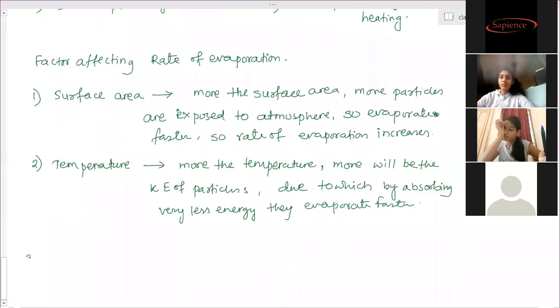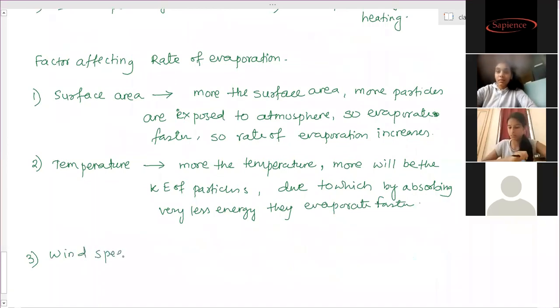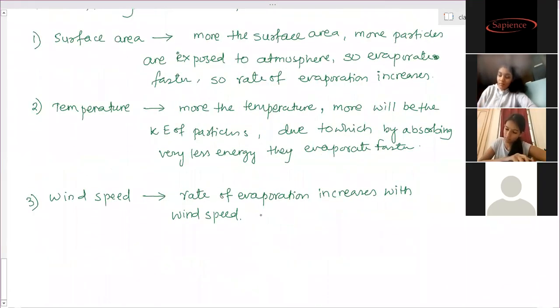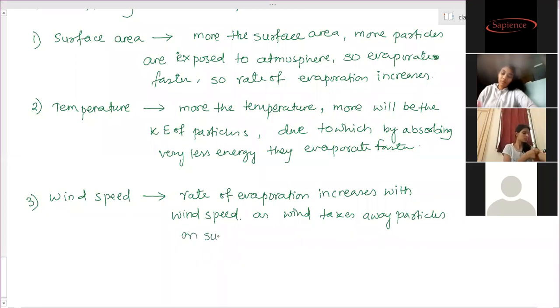Third one, speed of wind. Rate of evaporation increases with wind speed, as wind takes away particles on the surface with it.